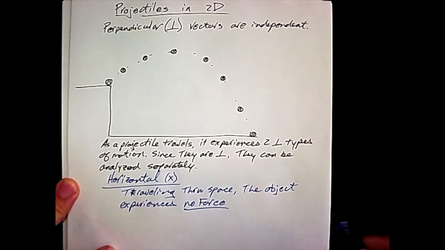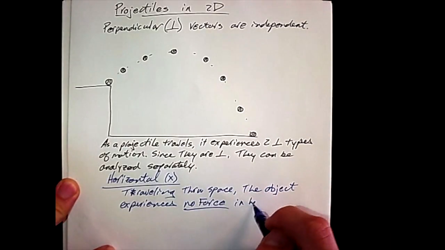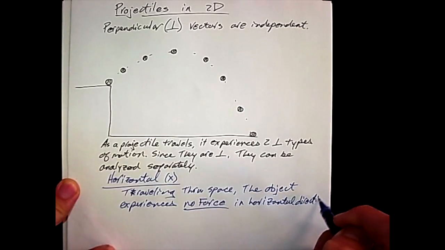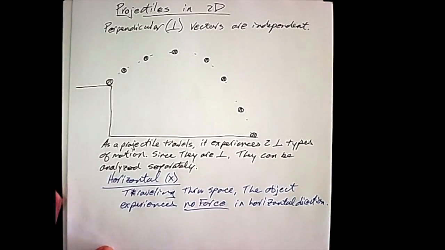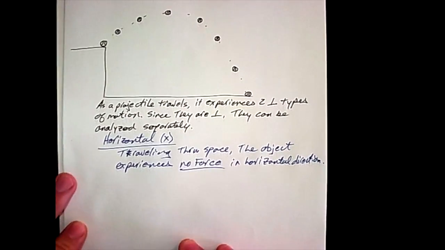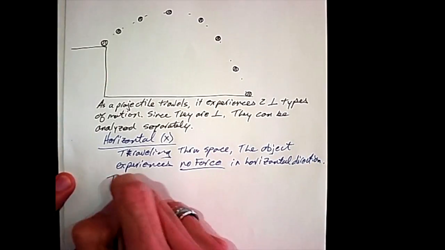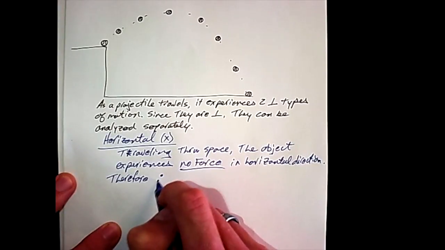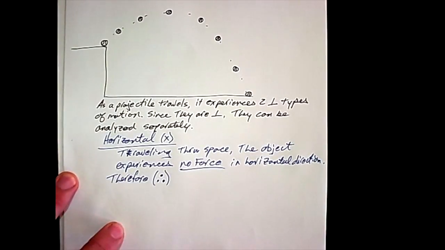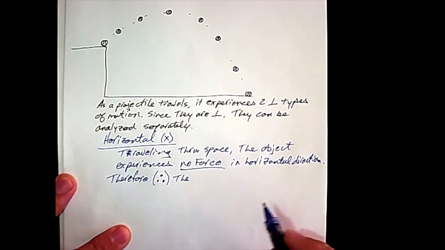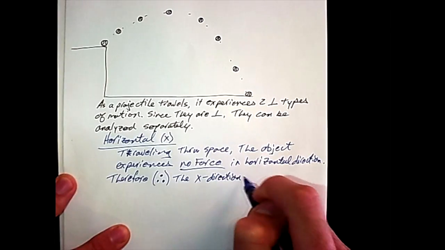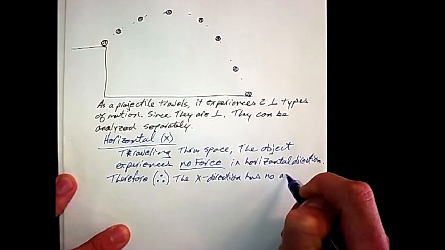This is in the horizontal direction. Therefore, which is the word therefore, but is also the math symbol of 3 dots and a triangle, which I will use later on. The X direction has no acceleration.